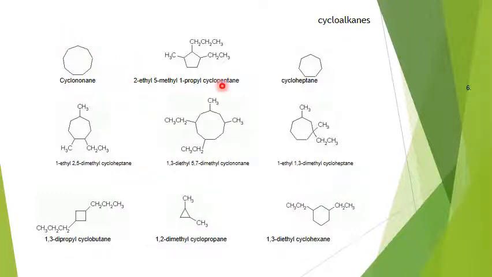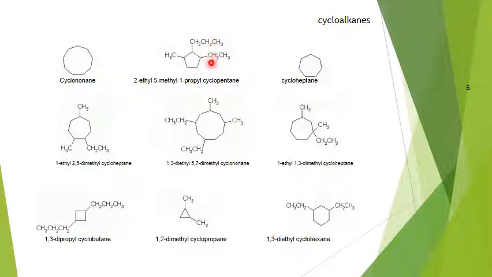Right, next one over, 2-ethyl-5-methyl. This is what they give you. It's a cyclopentane. You always start with the longest chain, propyl. Then you're given 2 directions. You go the direction that'll give you the smallest number for the next largest chain, or ethyl.